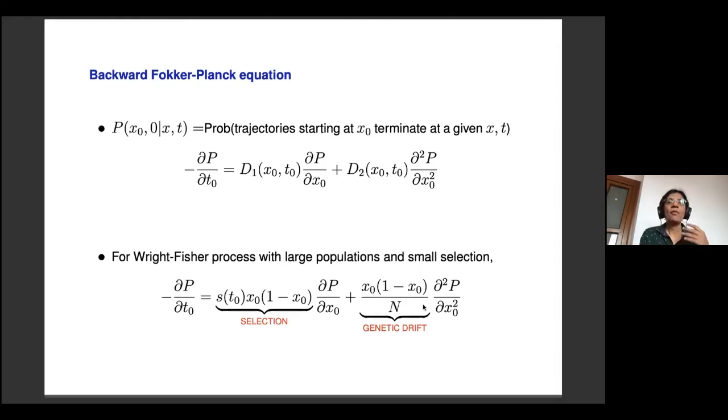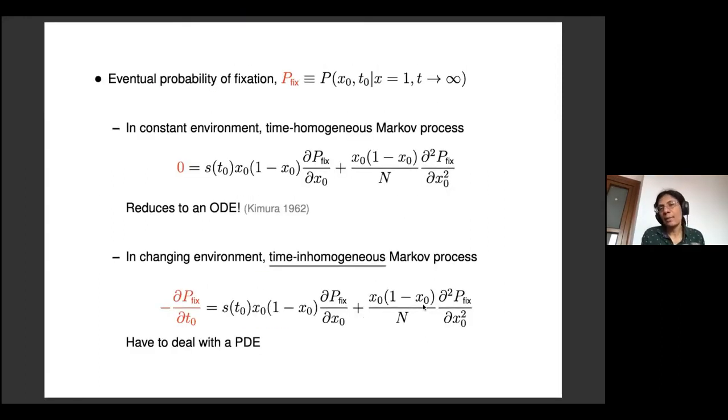Okay. One can of course try to solve the whole differential equation, but what one is usually interested in is the eventual probability of fixation, that is to hit one of the boundaries, say x equal to 1 at infinite time.